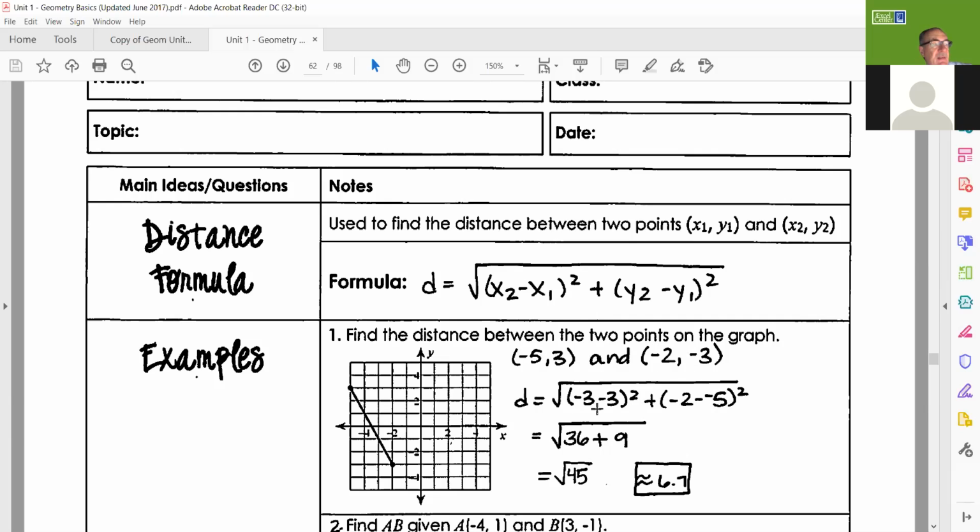I didn't do this. This is something that another teacher prepared that all of us are supposed to use. But I just now realized that because that -5 and that -2, those are the x values. It won't matter whether you put the x values in the second parentheses or the first. Just be consistent.